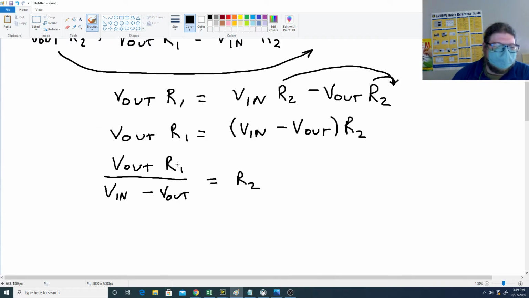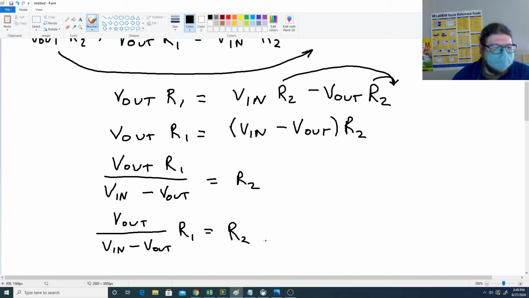And we're going to rewrite this a little bit nicer. This R1 here, we can just write it off to the side. Multiplying on the top is the same as multiplying out to the side of a fraction. So we can say V out over V in minus V out times R1 is equal to R2.